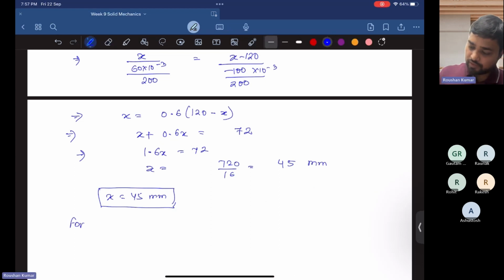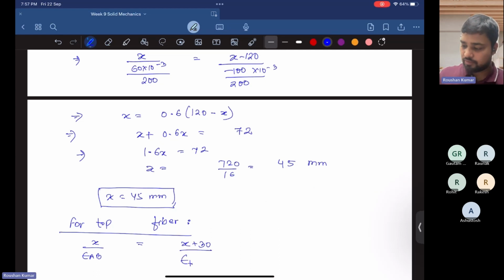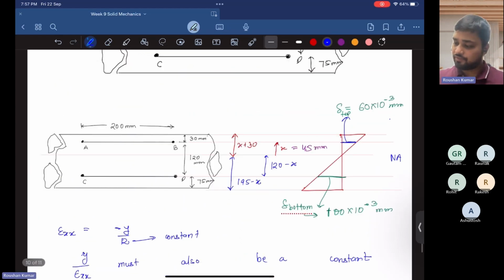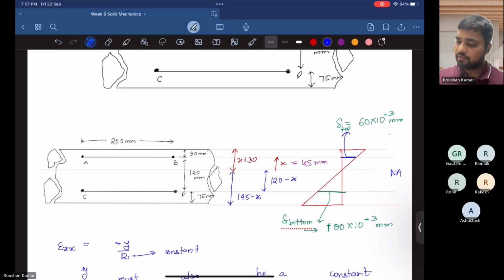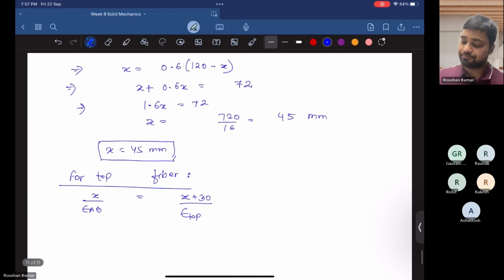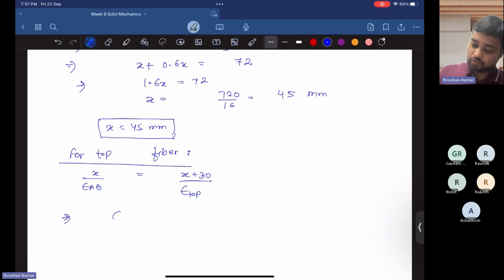So for top fiber, x upon epsilon AB is equal to x plus 30 upon epsilon top, because in the figure the position of the top fiber from the neutral axis is x plus 30. So epsilon top is given by x plus 30 upon x into epsilon AB.